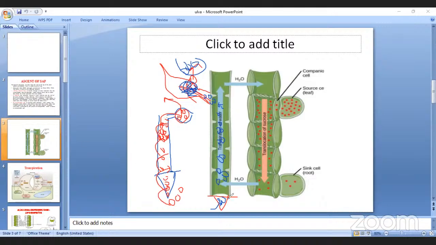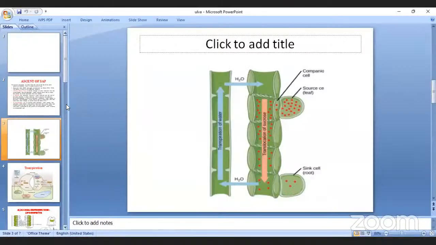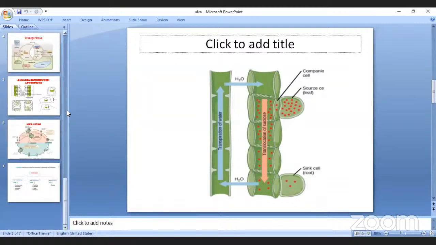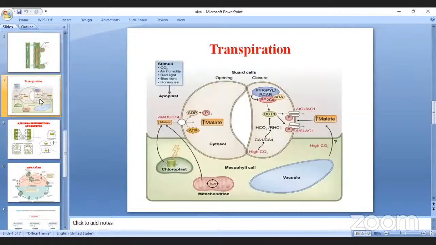if you take the stomata structure, let me draw the diagram. Is it visible to you? Yes, sir. Right. Actually, this is the stomata structure. Just draw it in your draft. So in stomata, there are two guard cells like this.